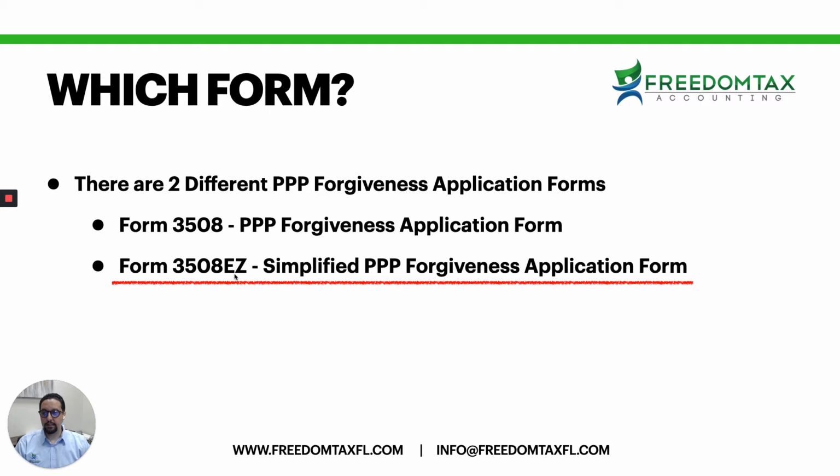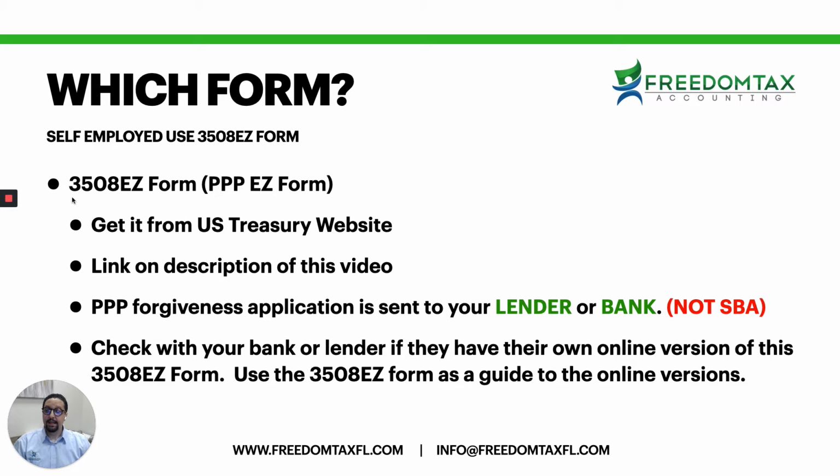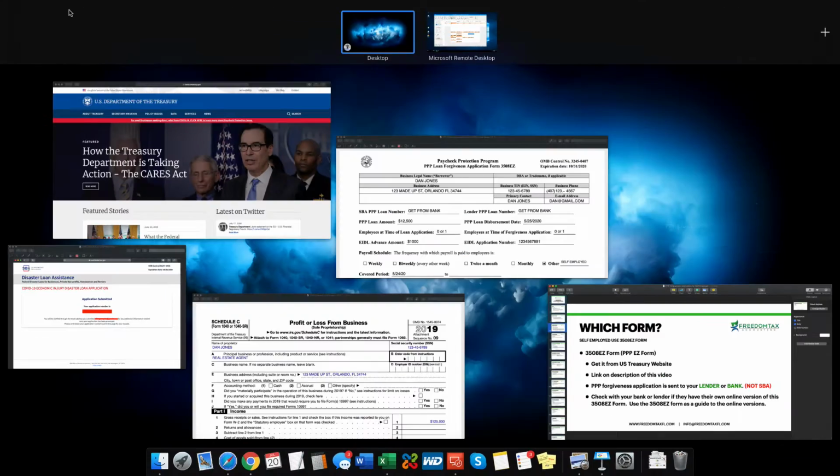This is the one you want to fill out, the Form 3508EZ. If you're self-employed or an independent contractor, this is the form you are going to fill out for your PPP forgiveness.